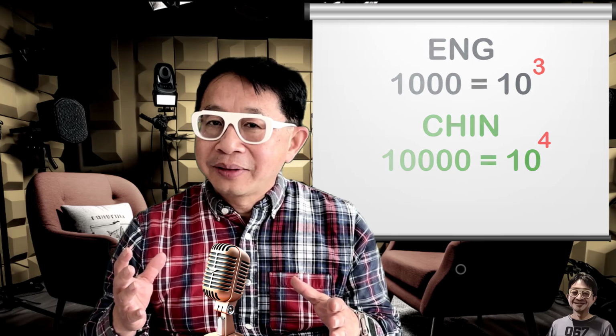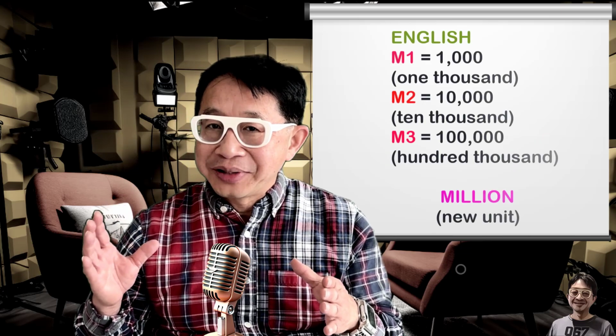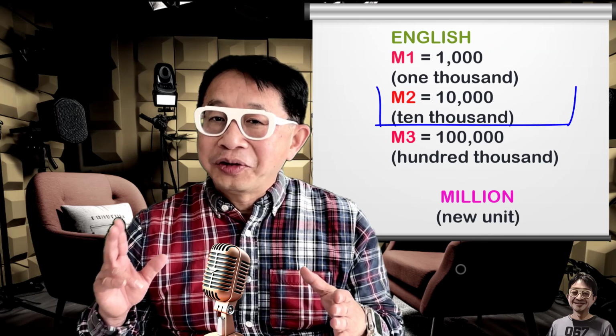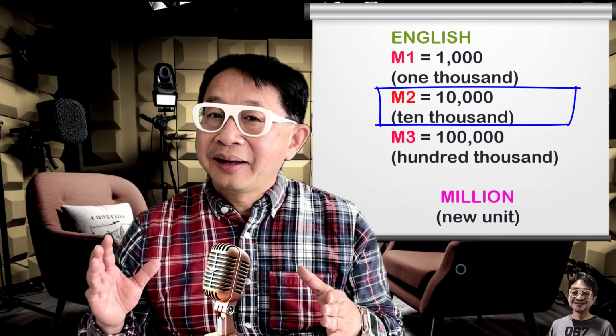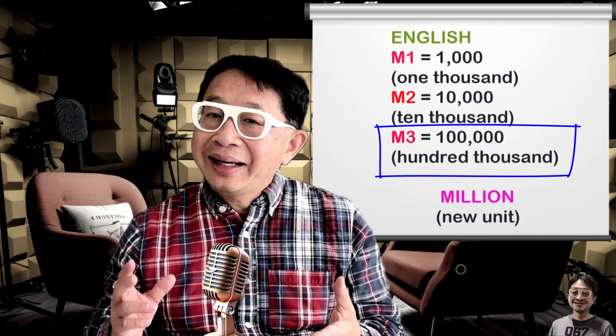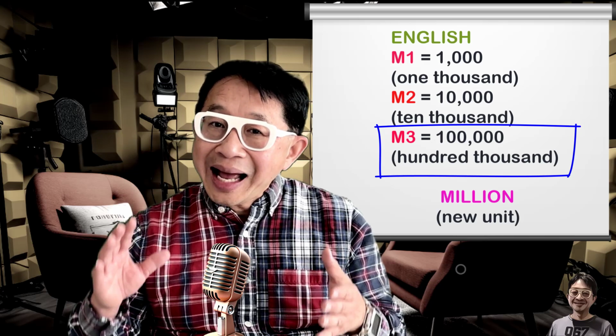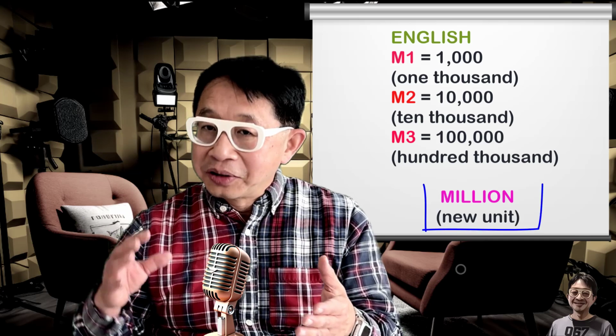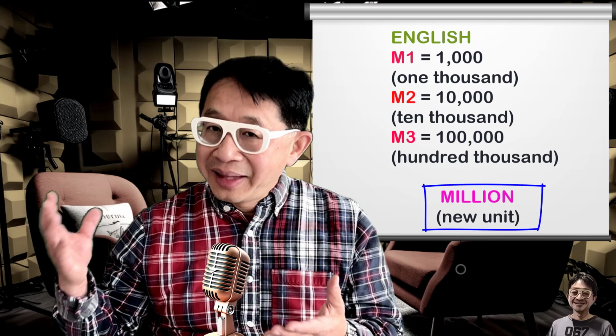Let's look at English. So in English, when you reach 1,000, magnitude 1 is 1,000. Magnitude 2 is 10,000. Magnitude 3 is 100,000. And after magnitude 3, you get a new unit. After 100,000, you go straight to million. That is the new unit.